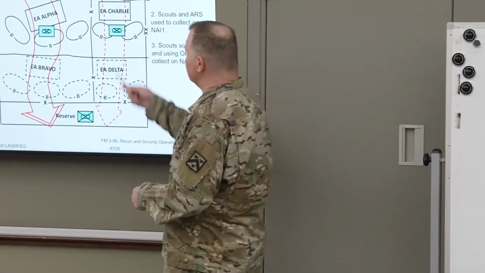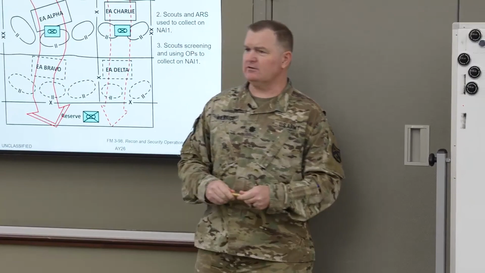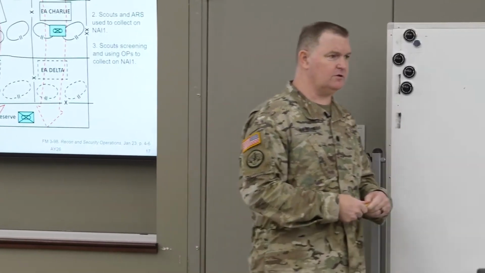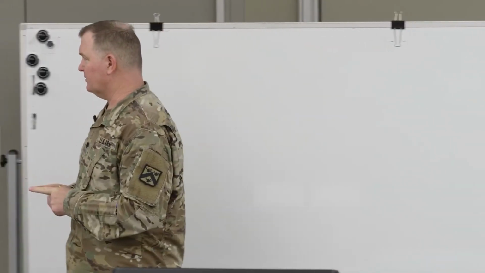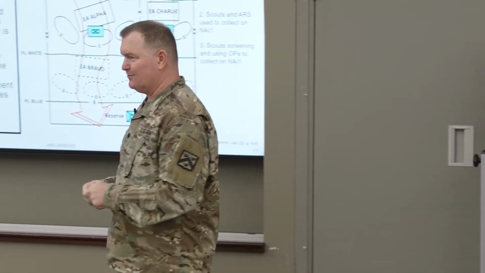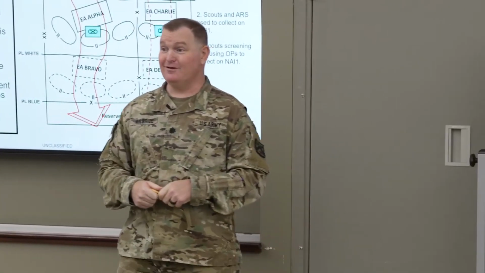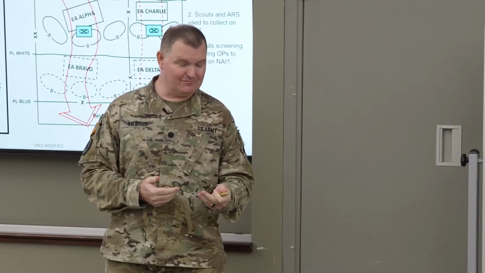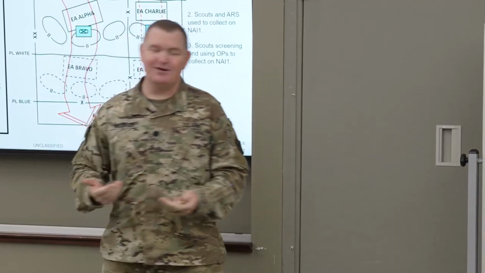So what are these little triangle guys here? These little triangles? Okay, so that is an OP, observation post, okay? So if in this scenario, it's an OP, all right? So what does an OP do? Oh, yeah, it's in the title. Okay, they observe, right? They're observing from hopefully a covered and concealed position.